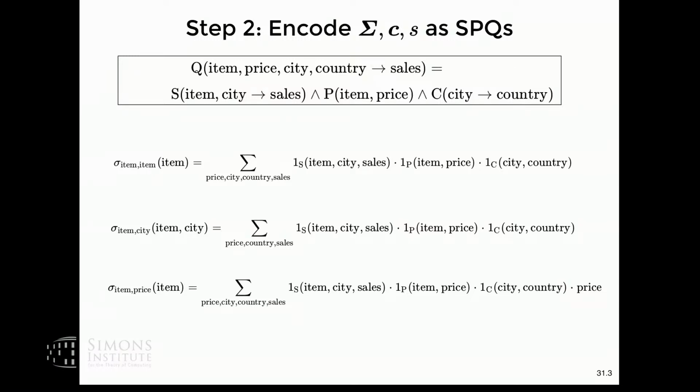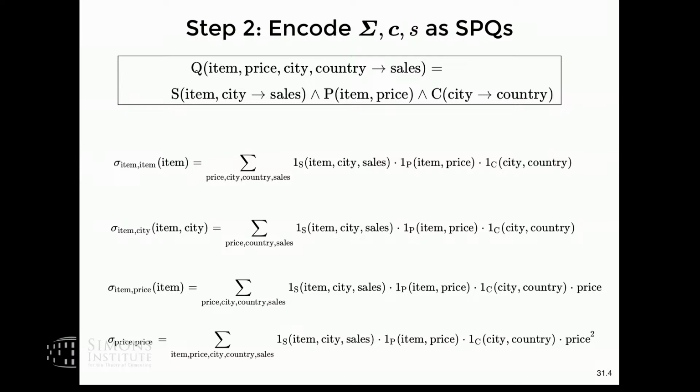So for every item, we sum away price over all entries in Q that have this item. And this also can be represented as an SPQ, like this. And if you are interested, let's say, in sigma price, it's a similar SPQ, except that we are taking price squared and summing away over all variables.